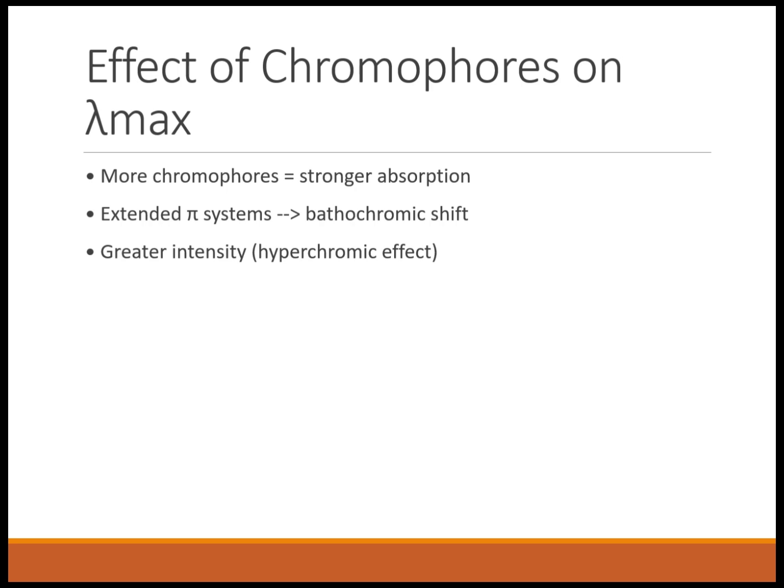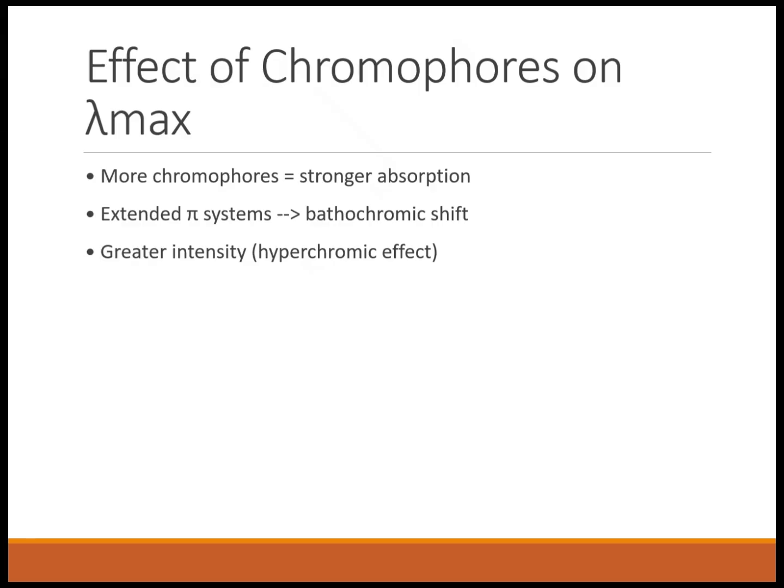Effect of chromophores on the lambda max. Adding more chromophores or extending them lead to two major effects. One is the bathochromic effect. In this, lambda max moves to a longer wavelength and creates the redshift.